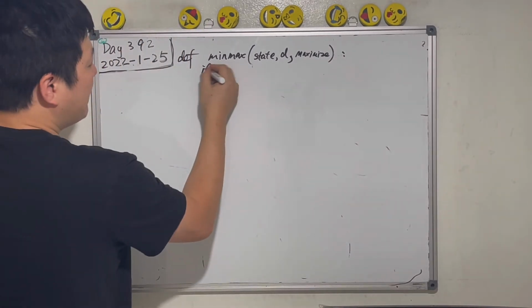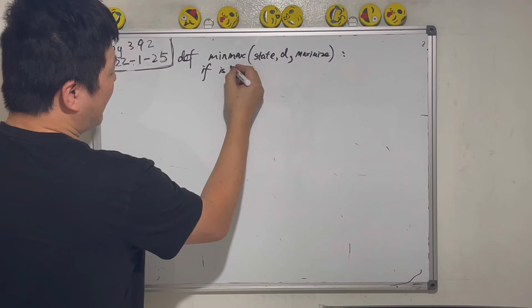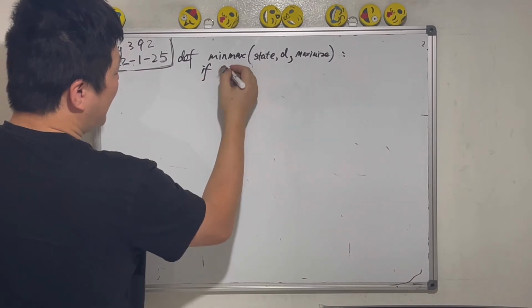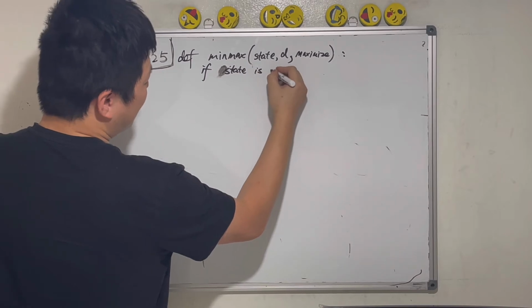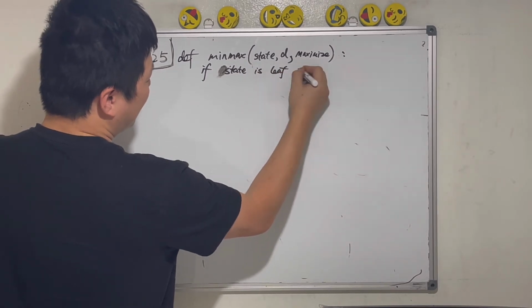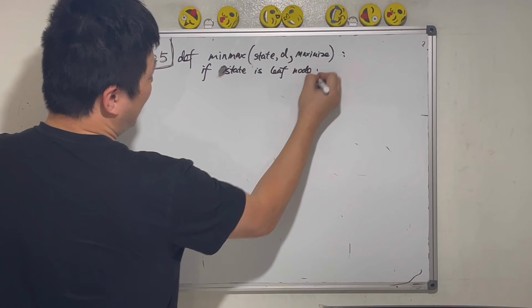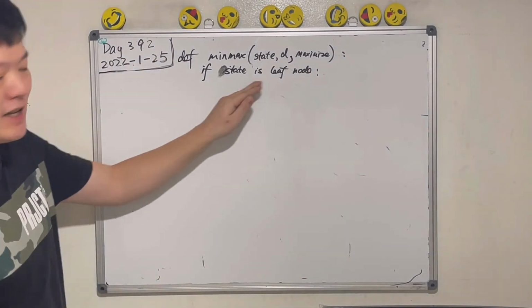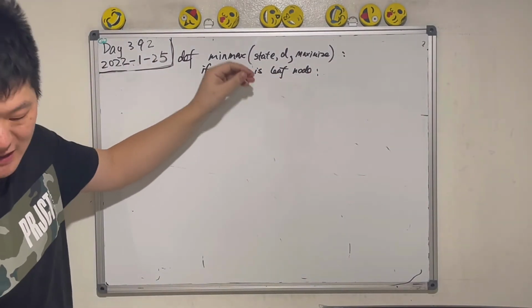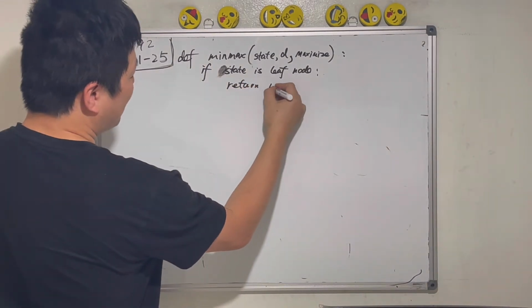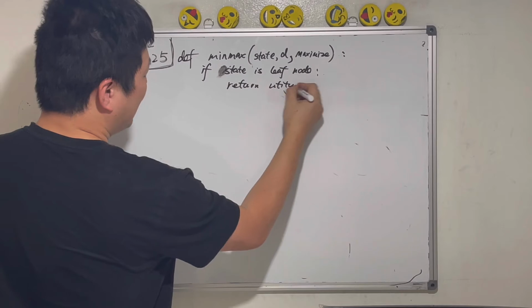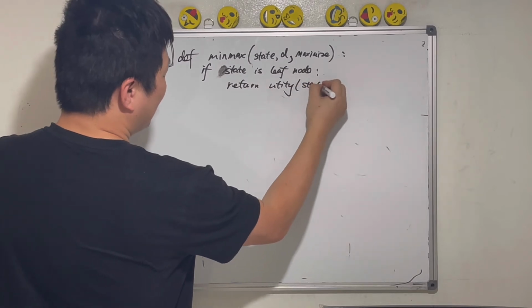If the state is an end state, it's terminal, a leaf node. I'm just writing the pseudocode here. If the state is a leaf node or an end state, then we can return the score of it, which is the utility function of the state.